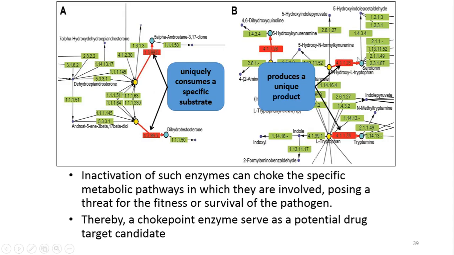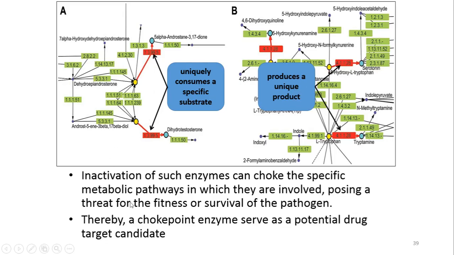On the other hand, if you target the enzyme that produces a unique product, in such case what would happen is that since this enzyme is inhibited, it would not be in the position to generate a diverse set of intermediates that are supposed to be subsequently produced after this metabolic reaction, and therefore the pathogen would die off due to scarcity of a lot of metabolites that were supposed to be produced from the product of this unique reaction.